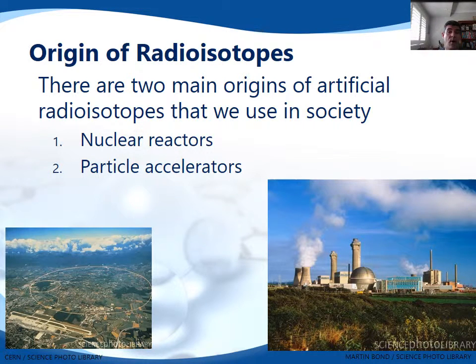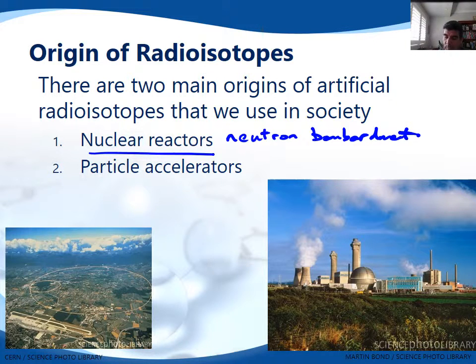There are two main ways that we can produce artificial isotopes. They are in nuclear reactors, and often that involves neutron bombardment, or particle accelerators.